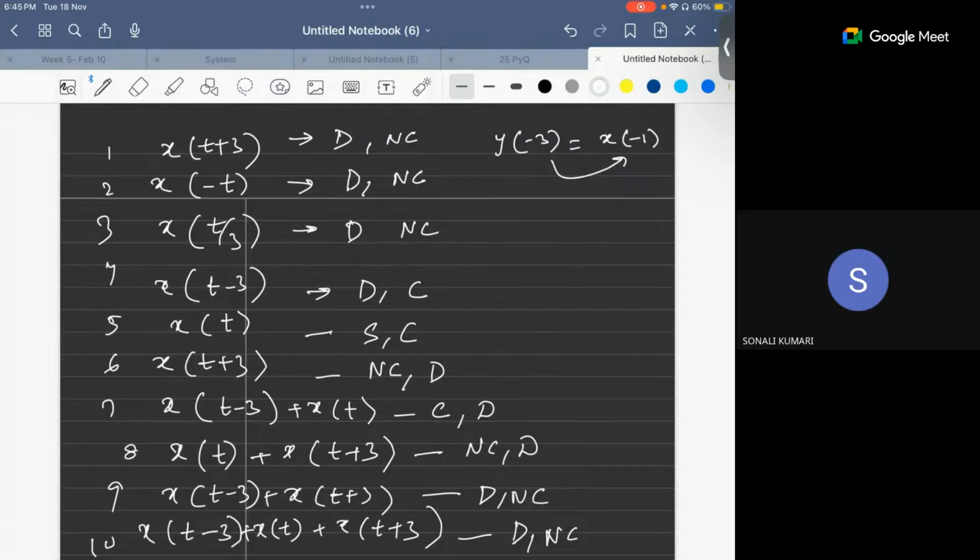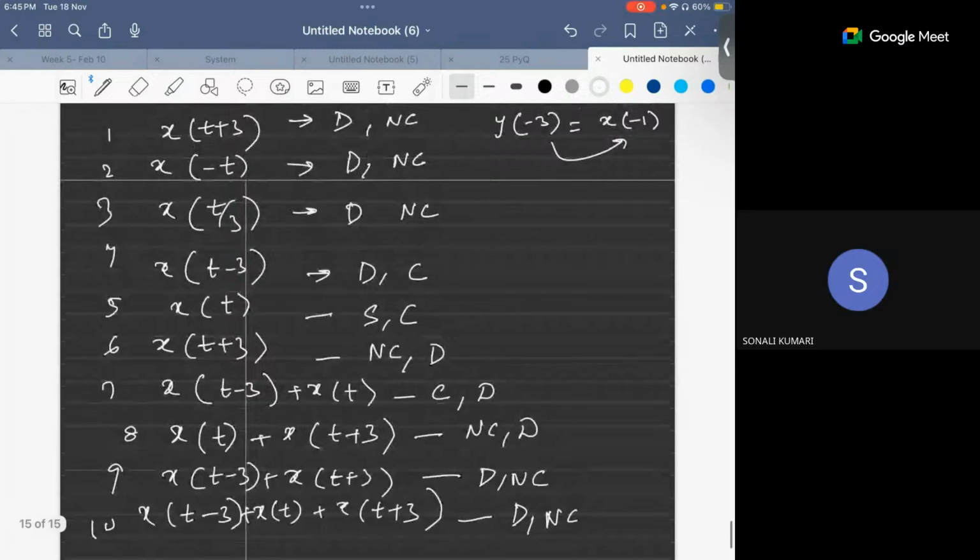Are you getting it? Yes. There is no system that is dynamic and causal, is there? You can see this fourth one. Only in two examples are they dynamic and causal, but most of the cases are dynamic and non-causal.